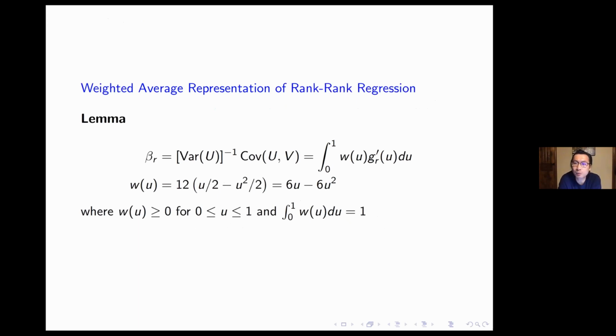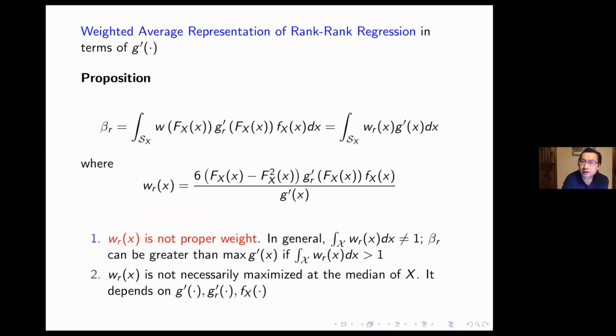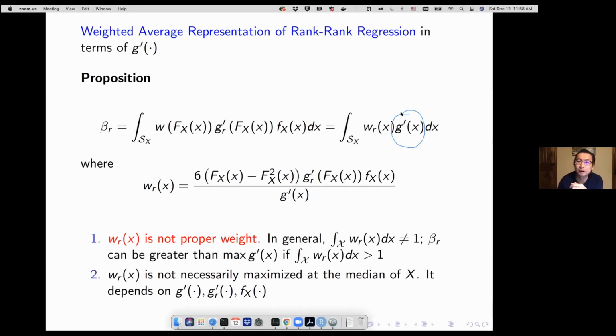And using this one, what we are trying to do is take it a little bit further to derive the weight, expressing the weight back in the original level-on-level regression, where we are interested in the G prime of X, okay? So what I'm saying here is that what we are interested in is how this one is going to be weighted by the weights of the rank regression. And it turns out this weight actually has a very complicated form.